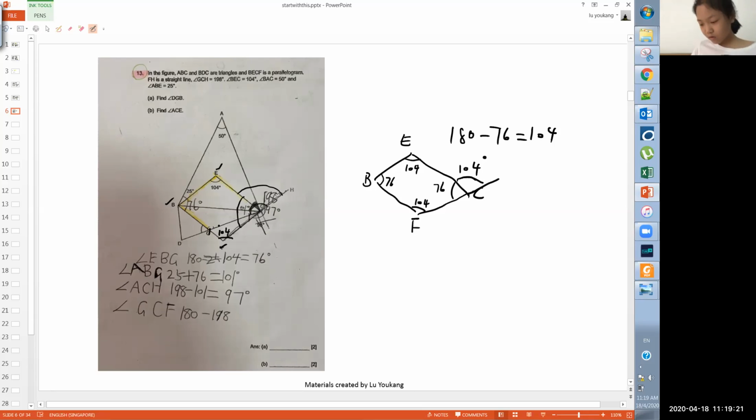So GCH is 198. Let me get this out. So this is your GCH. So they say this one is 198.